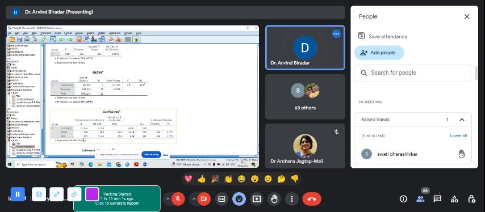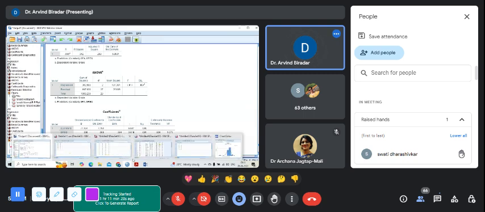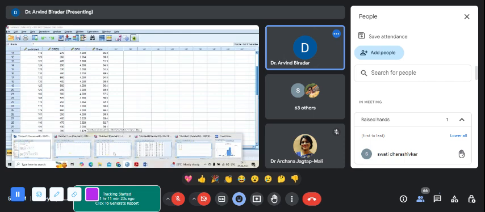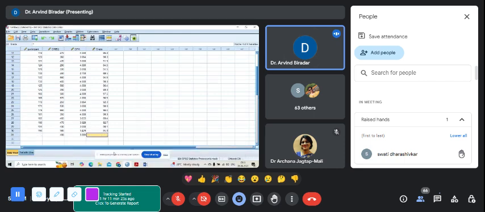See that, you take a round figure. The value is 400 and GPA is 3.